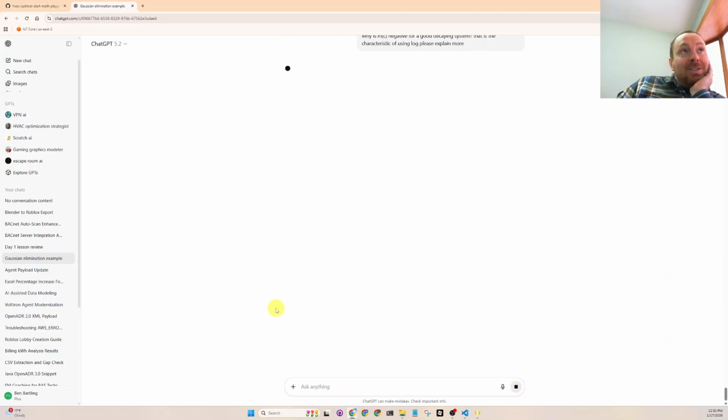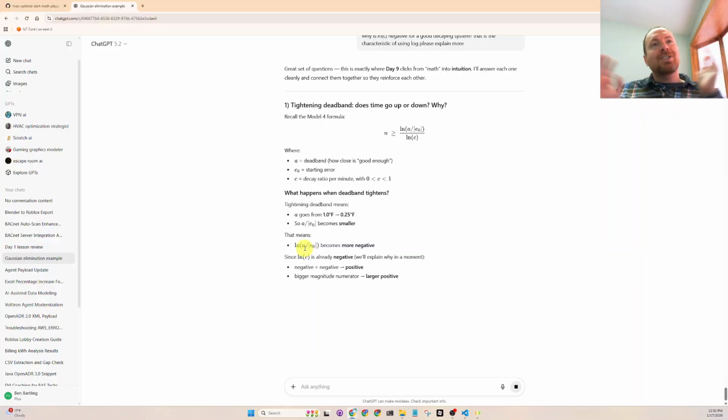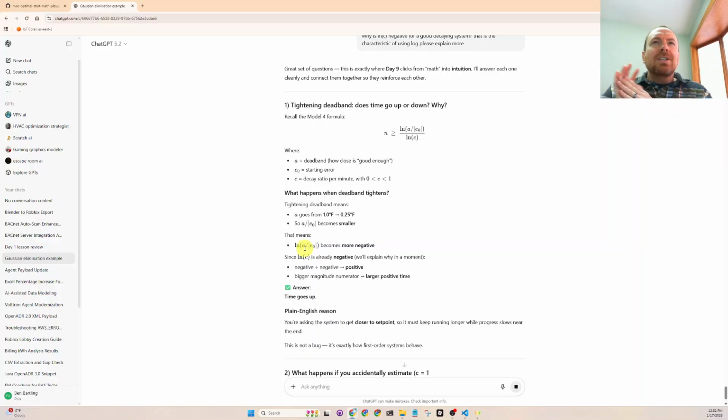Okay, so it's been a little while since we've had some math, so sorry. This is why we're getting a refresher. Tightening the deadband, does time go up or down, and why? Recall the Model 4 formula: number of minutes equals log of A divided by the E parameter and the C parameter, which was the decay rate. Tightening the deadband means this number becomes smaller, which we talked about.